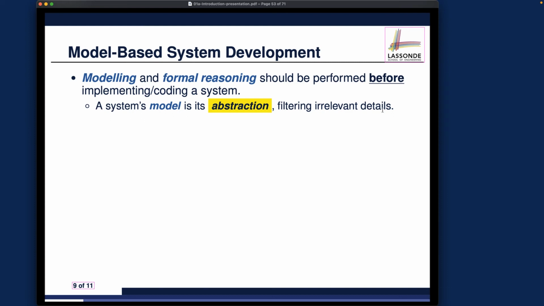All right, let's now talk about some ideas, some bullet points, and we'll reiterate every bullet point as we go through the case study throughout the course. For today, it's only for giving you some idea to keep in mind. A system's model is an abstraction. The word abstraction is just about filtering out irrelevant detail.